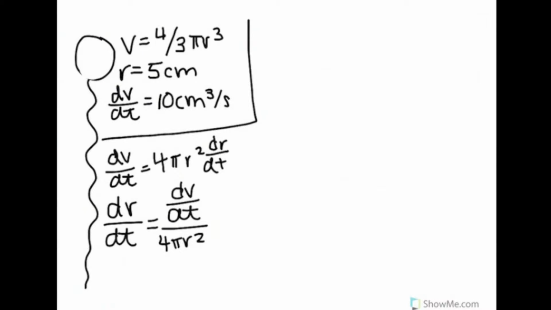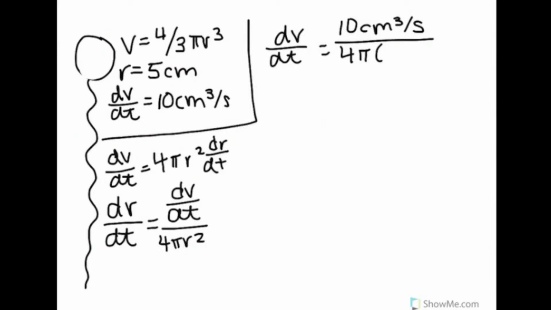After that comes simple substitution. You plug in the known radius of 5 centimeters and the known dV/dt of 10 centimeters cubed per second and are left with dr/dt equals 10 centimeters cubed per second over 4 pi times 5 centimeters squared.